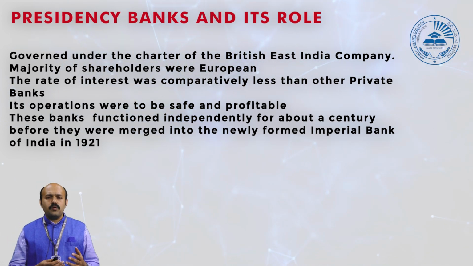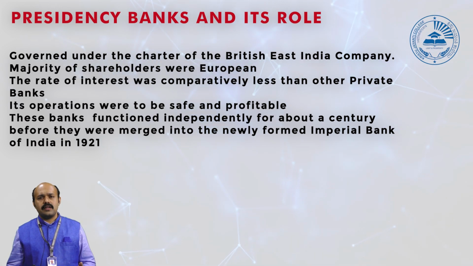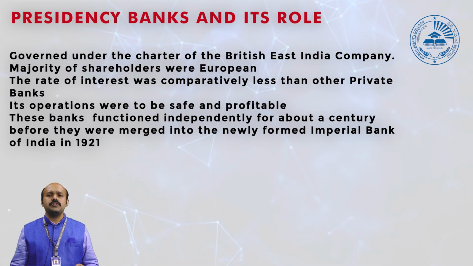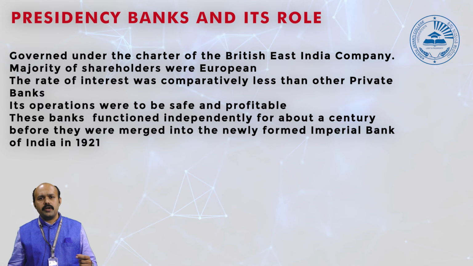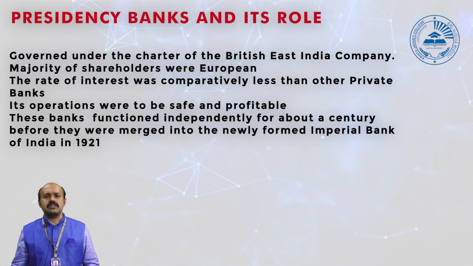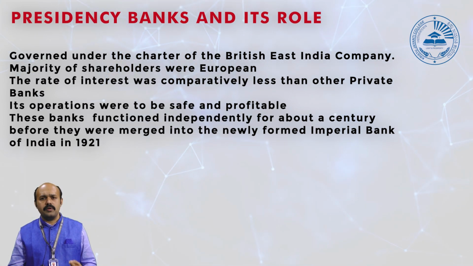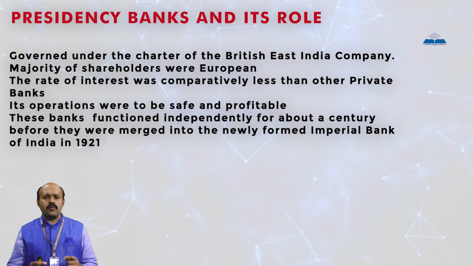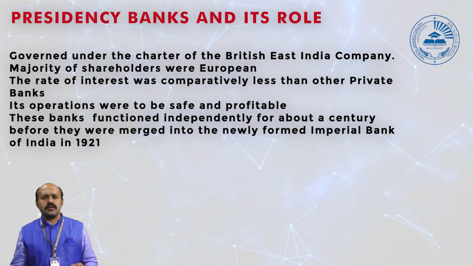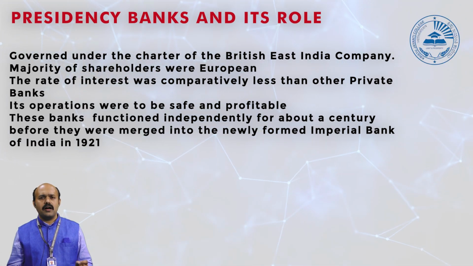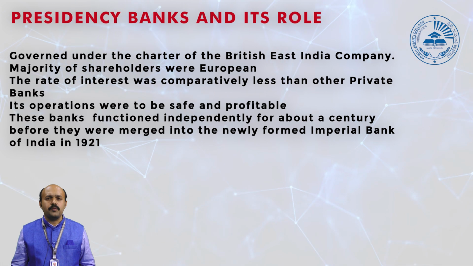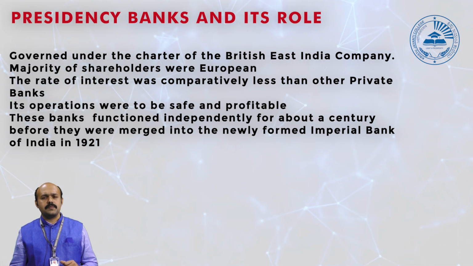So it was declared by the kings and queens under the British East India Company. Now mind you, the British East India Company was registered back in UK or Britain, and the king and queen gave an initial declaration of starting these banks. So they are the people who are credited to be founders of these banks.